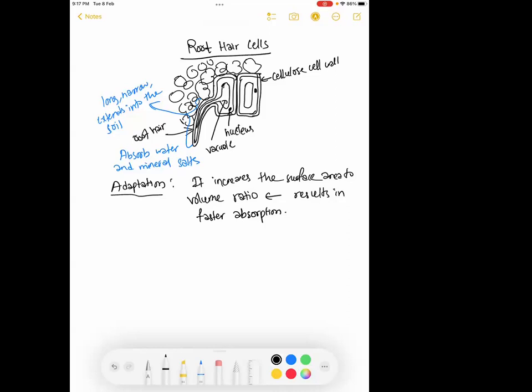Under a microscope, all of these are visible, right? Yeah. So if you look under a light microscope, you'll definitely be able to see a vacuole, a nucleus, and a cell wall. Yeah, these are definitely visible. But এটা দেখার জন্য you actually need to get the cell out of a root hair.